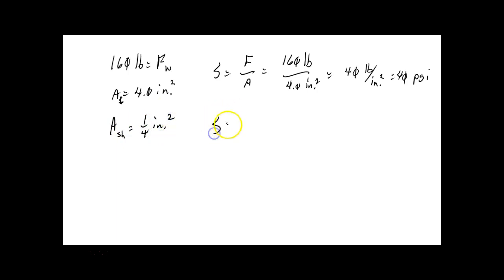So the stress now on my poor foot is force per unit area, and that's 160 pounds per 1/4 of a square inch. I don't know if you remember how to divide fractions. Do you remember how to do that? You invert and multiply. That would be 160 pounds times 4/1.